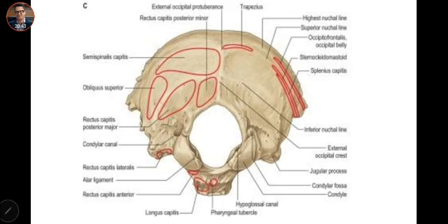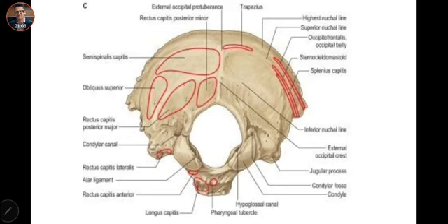This is semispinalis capitis. This is obliquus superior. This is rectus capitis posterior major, and this is the rectus capitis posterior minor. This was major, this was minor, right? This is rectus capitis lateralis. This is longus capitis. This is rectus capitis inferior.